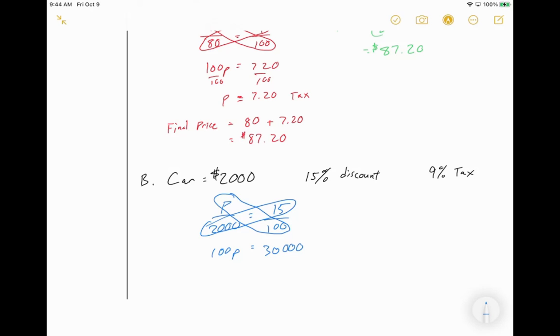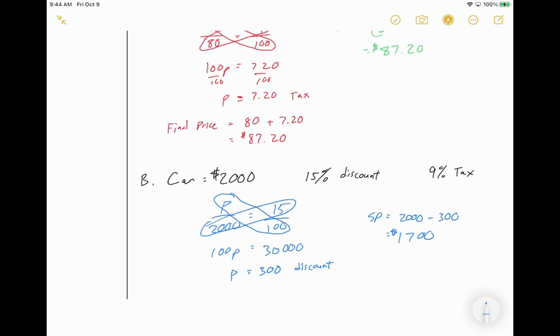Divide by 100. Yep, good job, Jenny. All right, and you get P is equal to $300. Remember, this is the discount. So that's nothing yet. That's just the discount. We still have a lot more work to do. So the sales price is equal to 2,000 minus the 300, which is equal to 1,700.